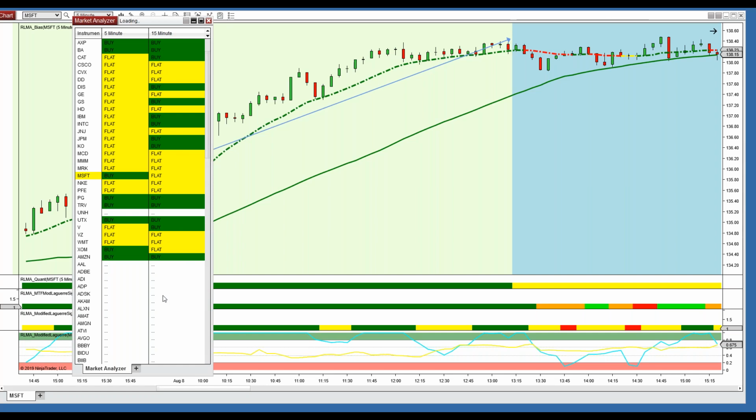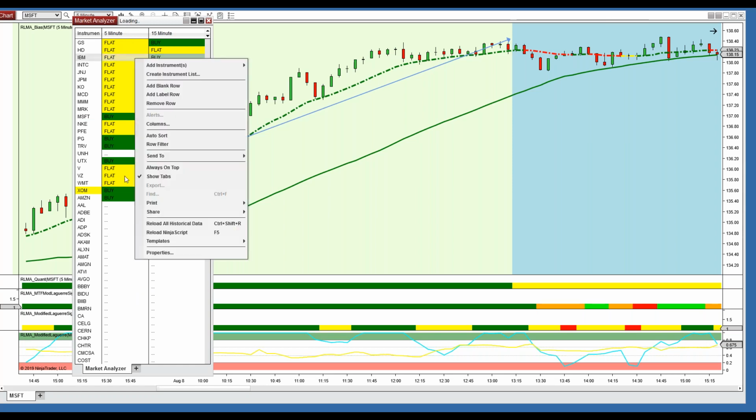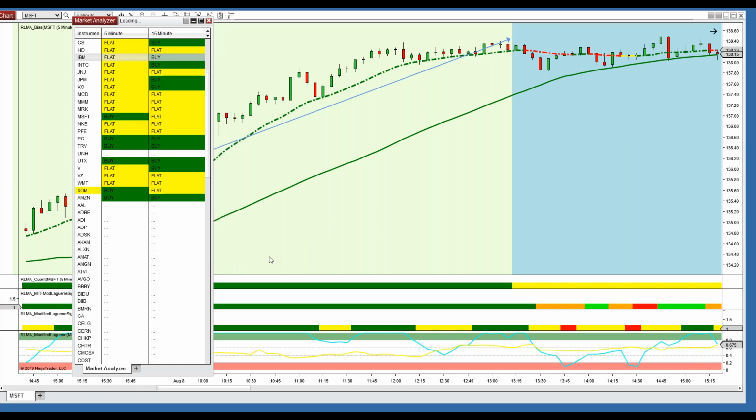Now, it may take 5 minutes to load the data on 100 tickers. So we'll give it a little bit of time. And you can see up here at the top of the analyzer, it's loading. Now, once you do it, you never have to do it again. So all you have to do is go to templates, save as, slow because it's still loading.